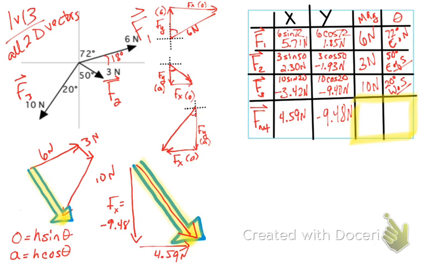If I wanted to find the magnitude of this, I have these two pieces, so I can use the Pythagorean theorem. C is equal to the square root of 4.59 squared plus negative 9.48 squared.